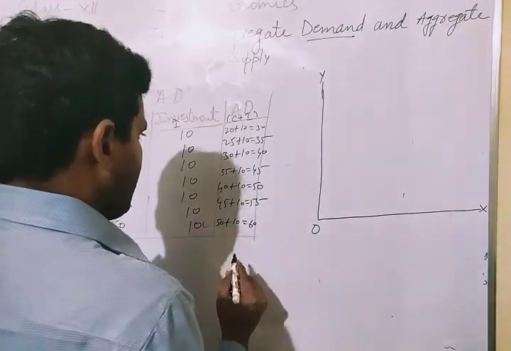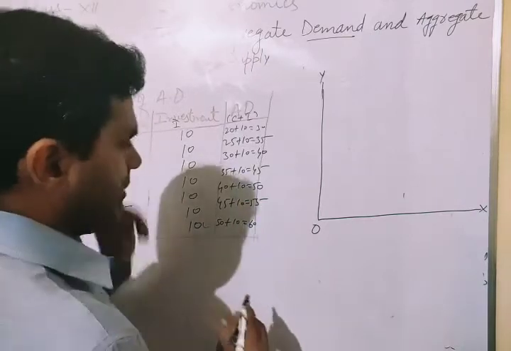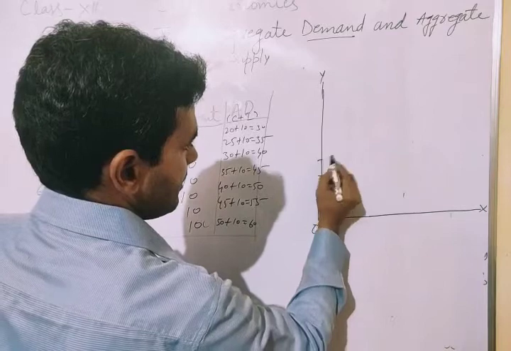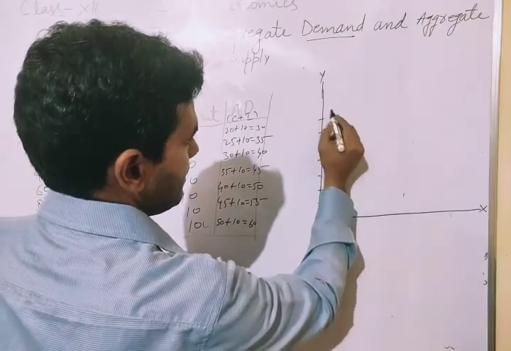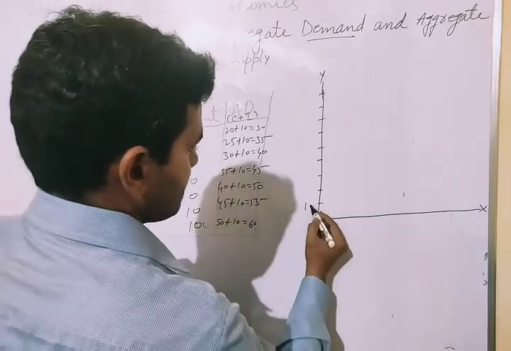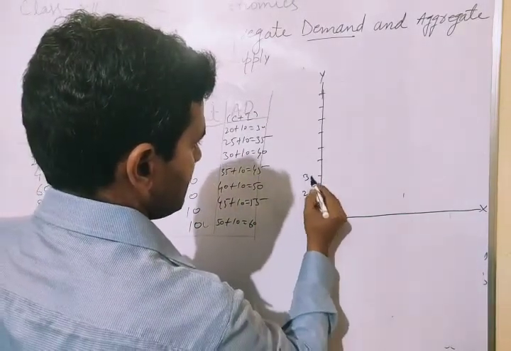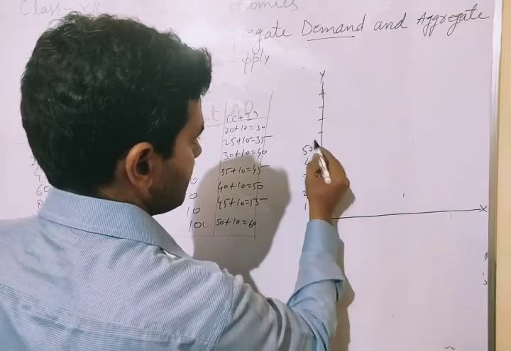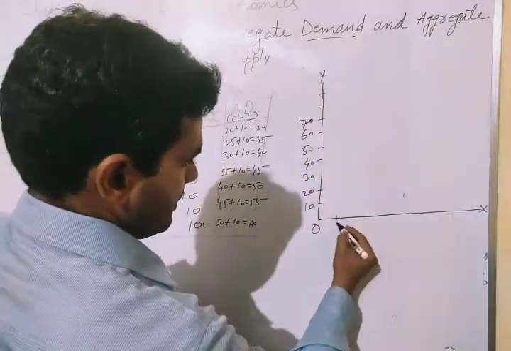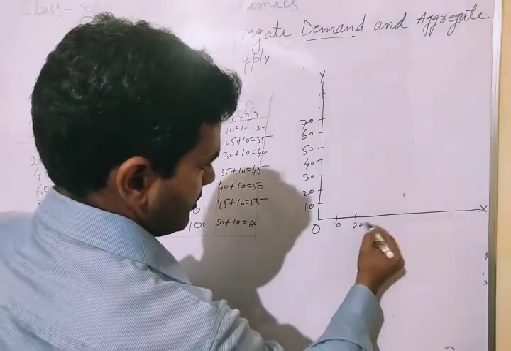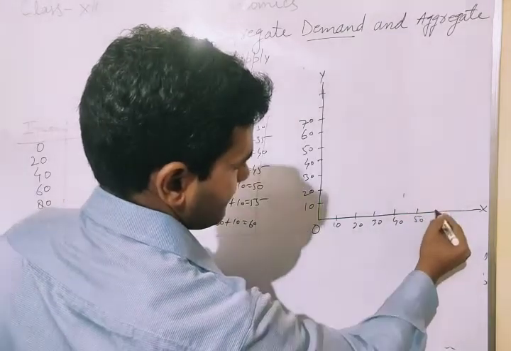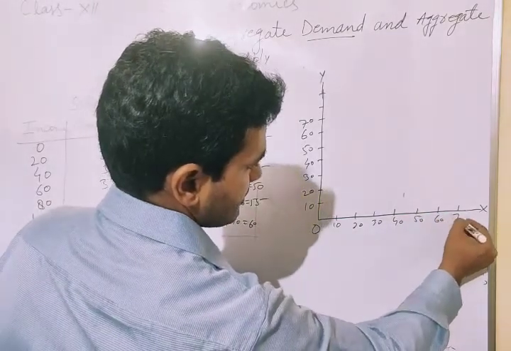Now we see, if we draw the investment curve, it becomes a horizontal line which is parallel to OX axis. Suppose this is 10, 20, 30, 40, 50, 60, 70 and so on. Here again 10, 20, 30, 40, 50, 60, 70 and so on.